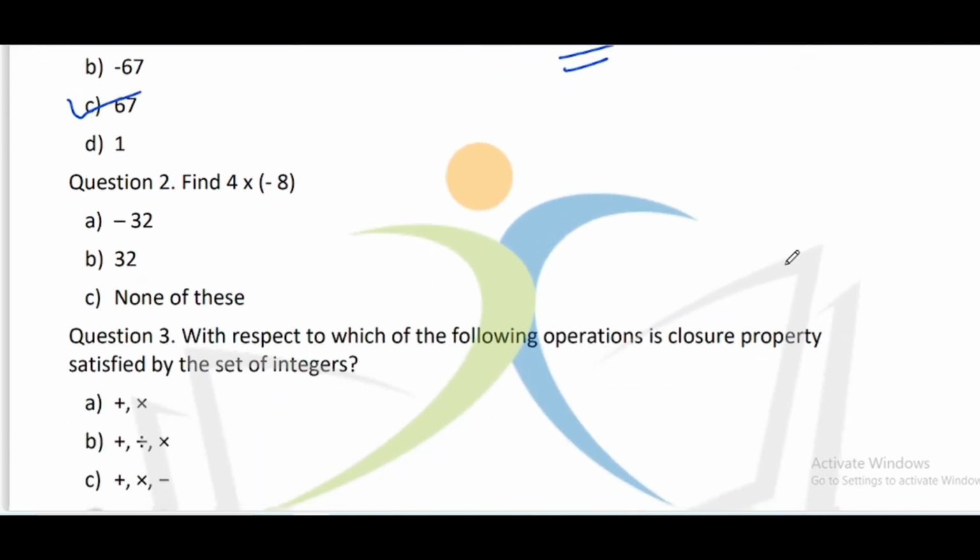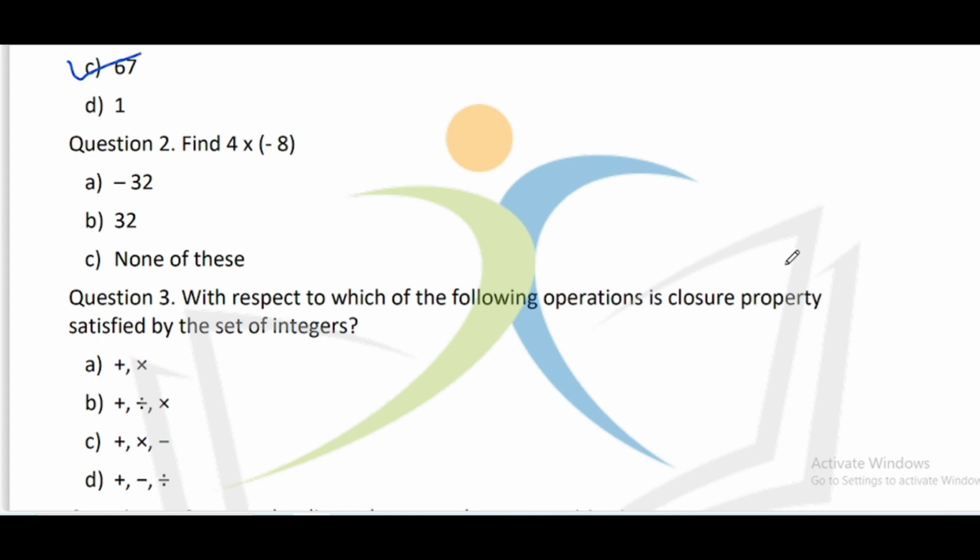Let's see question number two. Find 4 multiplied by minus 8. First, we multiply the signs. The sign of the 4 is positive, multiplied with the sign of the 8, which is negative.